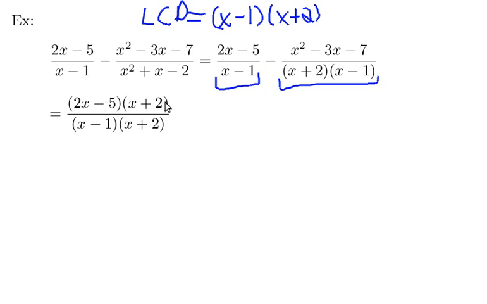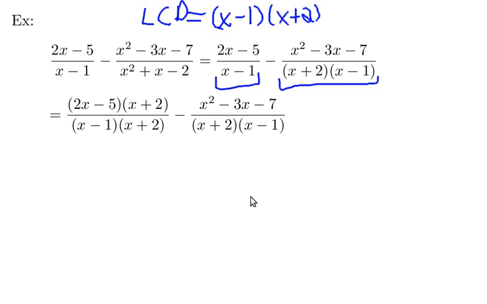I will multiply the numerator out in just a little bit, but for right now I'm keeping this denominator the same. Minus. It's still a minus in between. So then this x squared minus 3x minus 7 over x plus 2 times x minus 1. Okay, so now we have the same denominators.